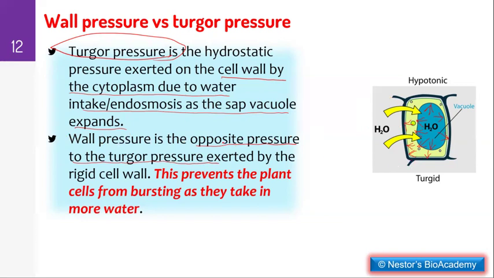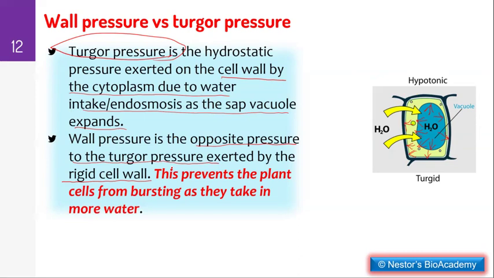So the wall pressure is the opposite pressure to the turgor pressure that is exerted by the rigid cellulose cell wall, and it performs a critical role in preventing the plant cells from bursting, unlike what we are seeing with the red blood cell, which is bursting because it lacks the cellulose cell wall.